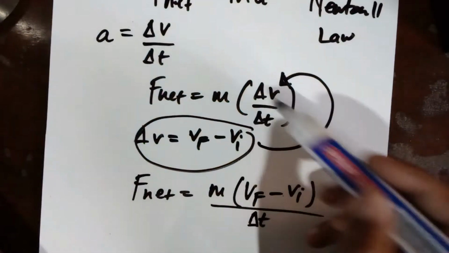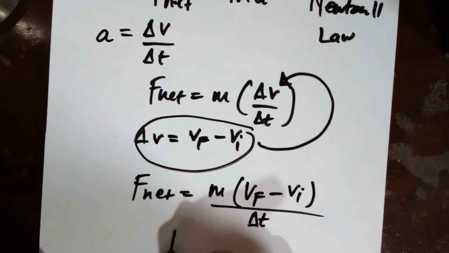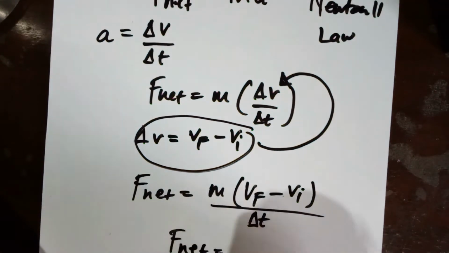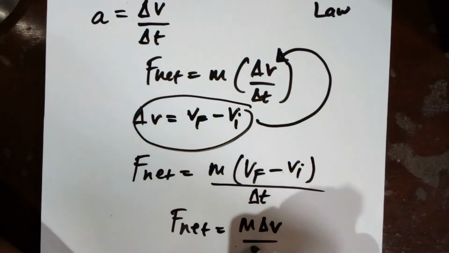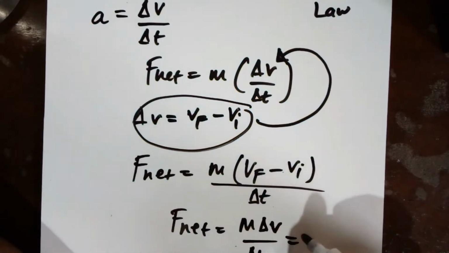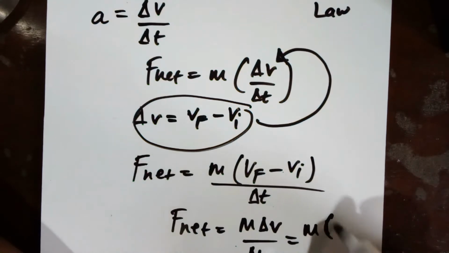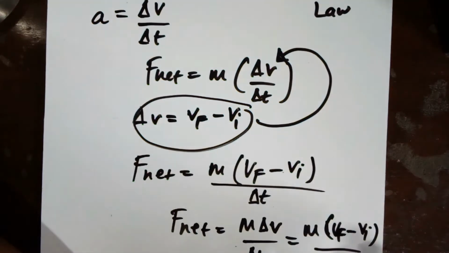If you look at these two equations, where F net is m change in v over a change in t, you realize that this is actually a change in momentum.